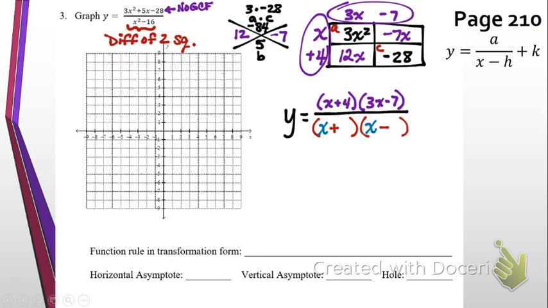What times itself gives me 16? 4. So I have a positive 4 and a negative 4, because when I times those together, I get negative 16. Do you see anything that will cancel? The x plus 4s are going to cancel. So there is a hole where x plus 4 equals 0. I'm going to do that with a slightly smaller color here.